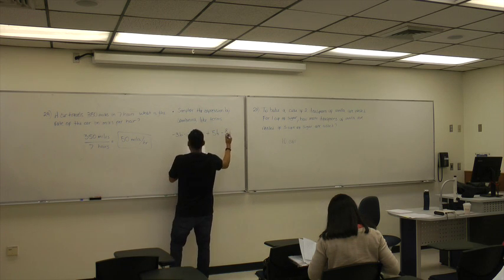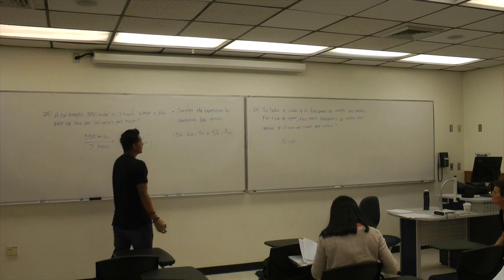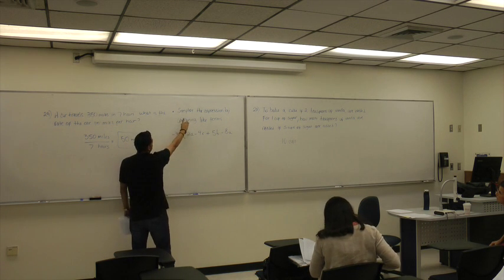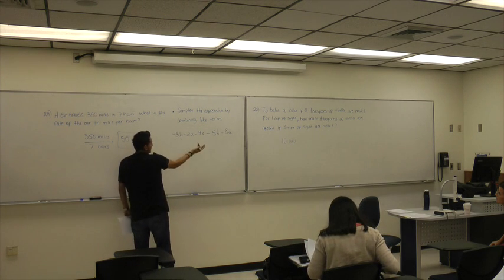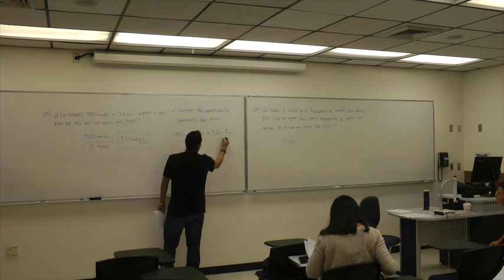Read the instructions though, they're only telling you to simplify it by combining. We're not supposed to solve anything, because we don't have any equation sign. So we're just gonna combine like terms. We can start with the a's. We have an a right here, we have another a over here.